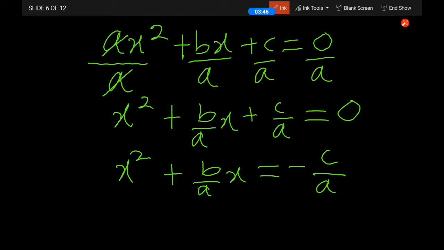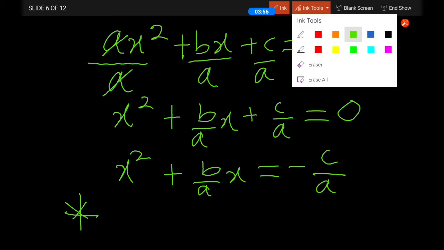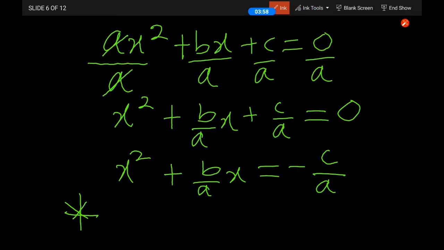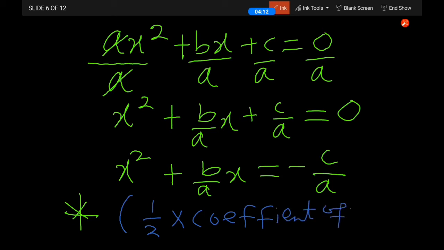Now the next thing is to make the left hand side a perfect square. And what do you do to make an expression a perfect square? It is to do half times coefficient of x, then all squared.